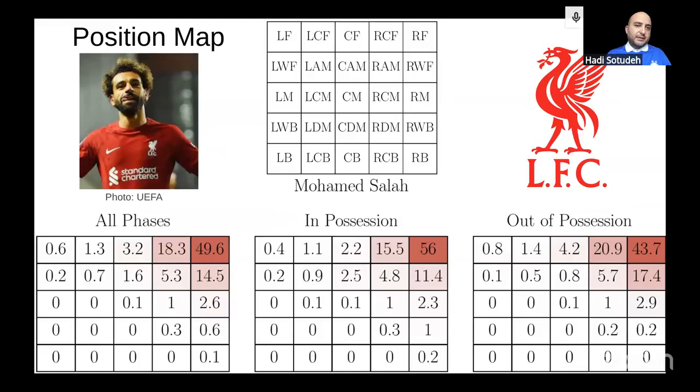Doing the same for Mohamed Salah, he's playing his last season for Liverpool, so you can see that in position he is 56% of the time the right forward player, and out of position he was dropping more and also going more to the right center forward, but it's still around 43% of the match time being really in that area, the right-most on top for Liverpool.